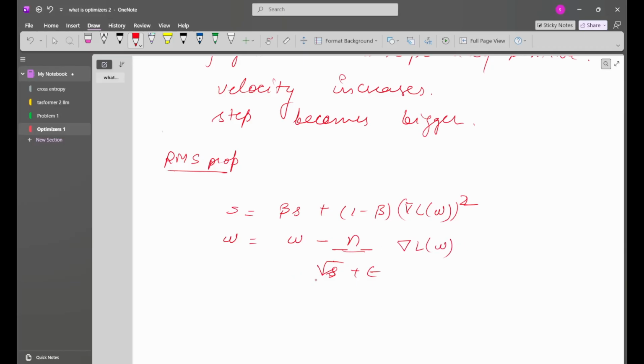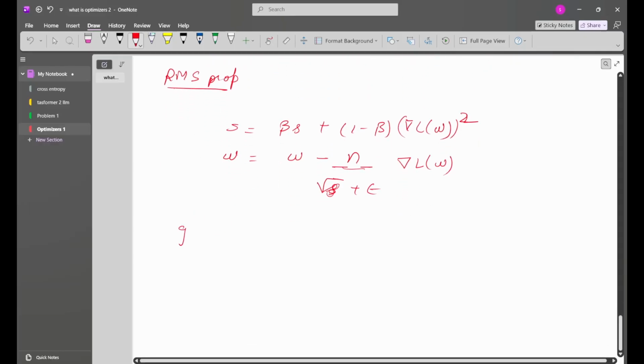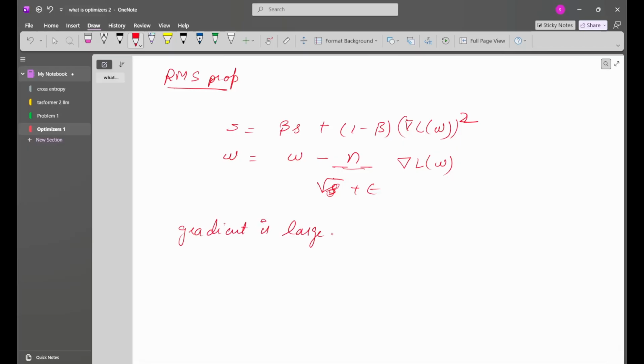So this is the equation used by RMSprop to update the weights. And here the new thing is this step parameter. Using this, we are taking different learning rates for different gradients. If the gradient is large, then S is large, step small.